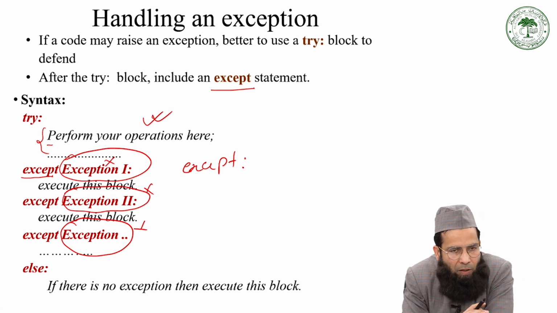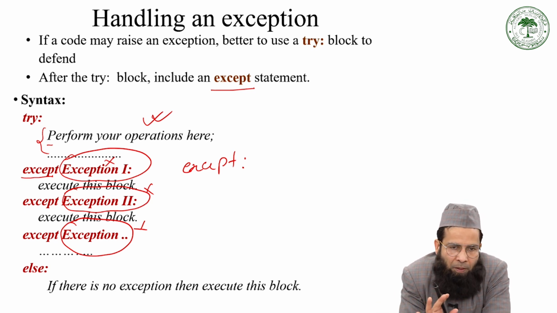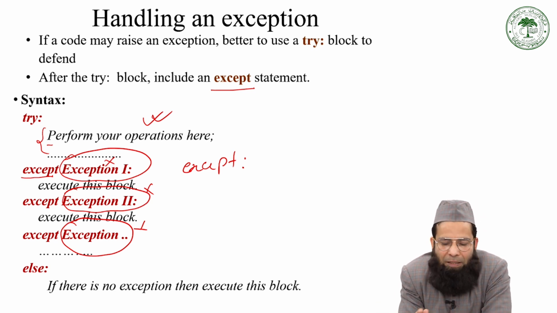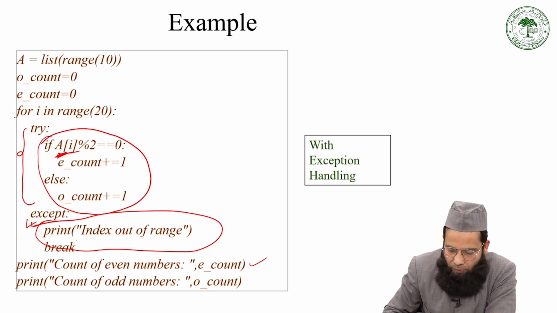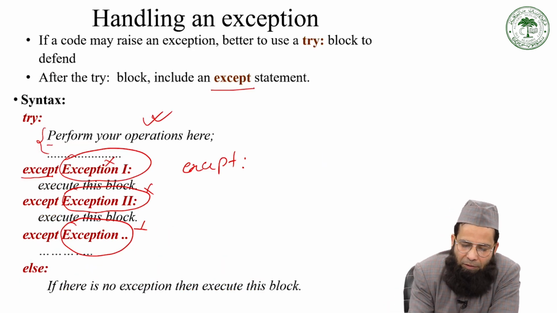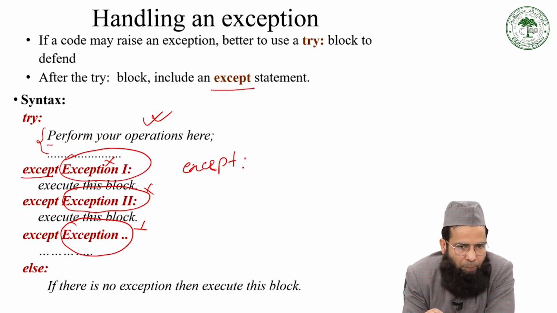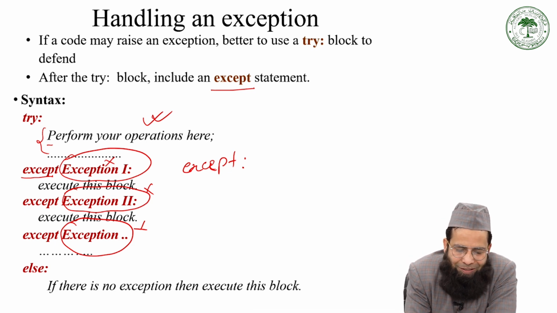So this would handle all types of exceptions, but this is not the ideal way to handle exceptions, because if you are not including the exception type, what would happen?